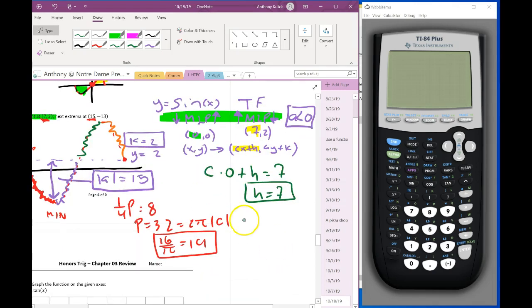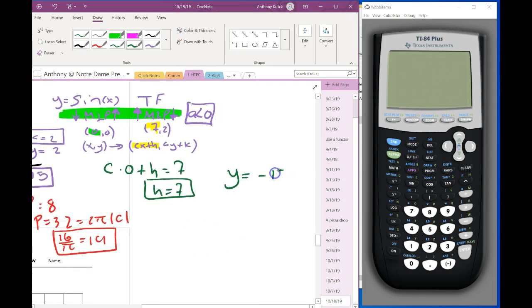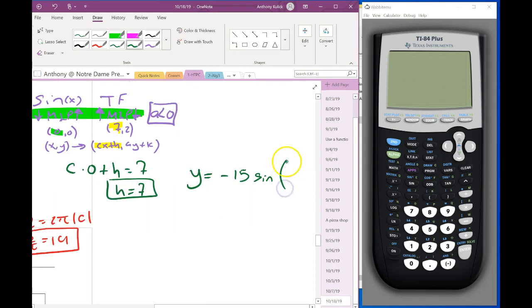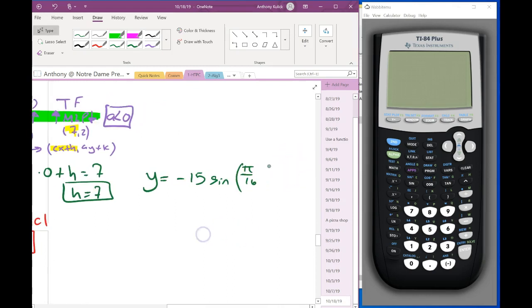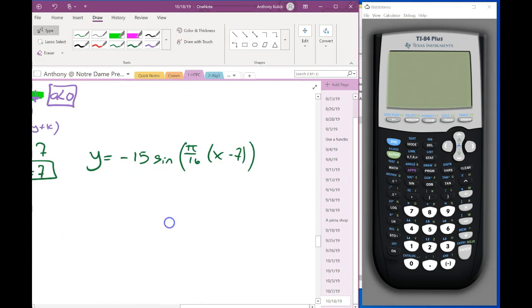So now all I need to do is put all this stuff together to say y equals negative 15 sine of pi over 16 (x minus 7) plus, what did we say k was? 2.